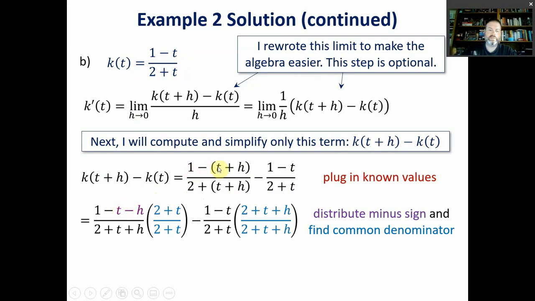That's this. So it's 1 minus t minus h. Then I have to get the common denominator. We have 2 plus t plus h and 2 plus t. They don't have any common factors, so I have to multiply each one by the other factor. So we multiply this by 2 plus t over 2 plus t, multiply this by 2 plus t plus h over 2 plus t plus h. That's our common denominator.